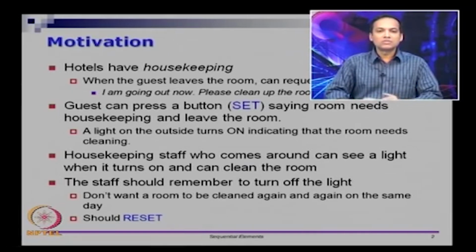So we want a mechanism by which there is some kind of a signal left by the guest when the guest leaves, and when the guest comes back, if he sees that the light is off, he will know that the room was actually cleaned. If the light was still on, he will probably know that the room was not cleaned so far. Right? So this is a setup that we want to take care of.